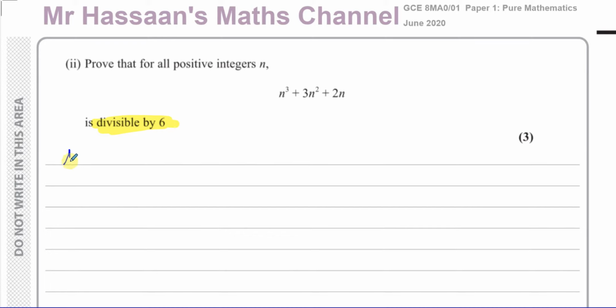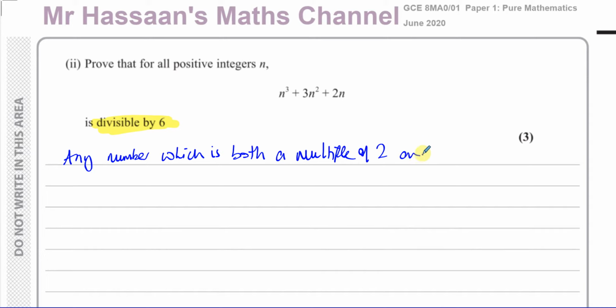So I'm just going to state the premise, or what we're going to basically be concentrating on to try and prove this. Any number which is both a multiple of 2 and 3, multiple of 2 and 3, not 3 and 3, is a multiple of 6.